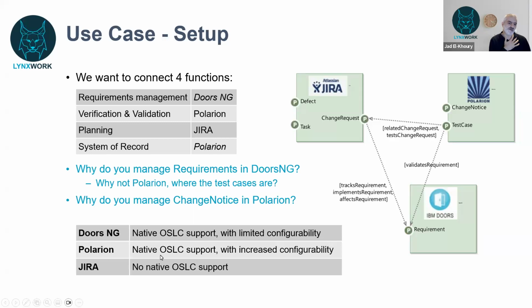Compare that to Polarion, where they also have OSLC support, but there you can define what kind of work items you can have and what kind of relationships they can have to items outside. It's much more configurable in that sense. And then Jira has no native OSLC support at all. If you want to do it with OSLC, you would need some plugin or extension that supports it. So there's a richness that you will have to face in your federated environment.